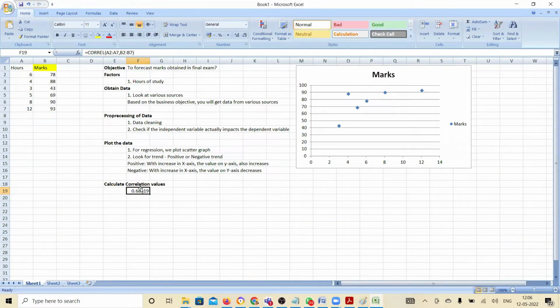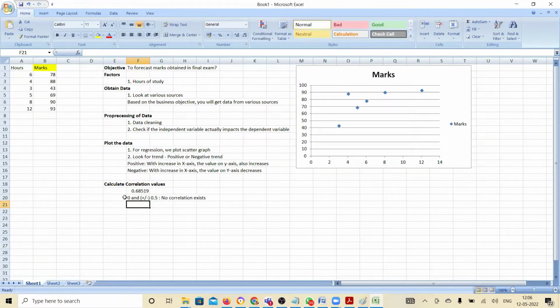So when you see 0.68, typically if the value is between 0 and plus or minus 0.5, we say no correlation exists.